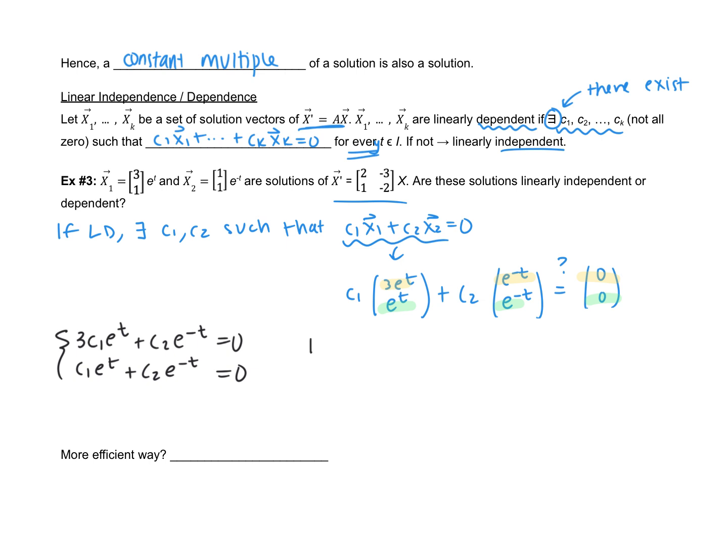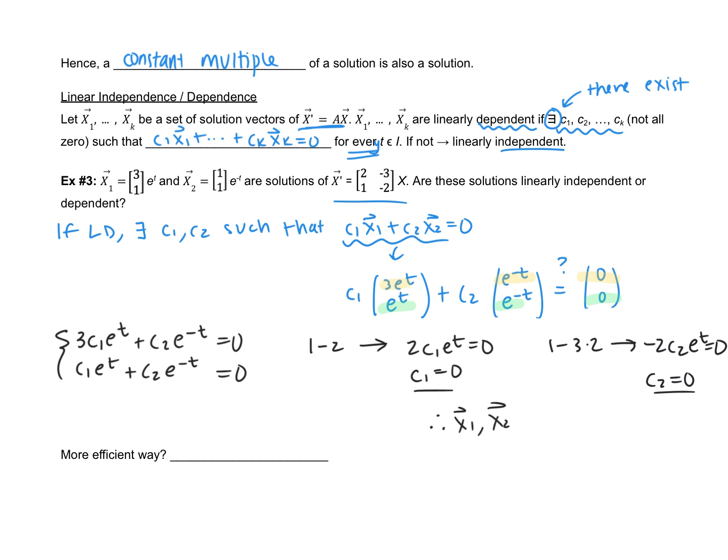If I take equation 1 and subtract equation 2, that gives me 2c1 e to the t equals 0, so c1 is 0. Then if I take equation 1 and subtract 3 times equation 2, that gives me negative 2c2 e to the t equals 0, so c2 equals 0. Because c1 and c2 are 0, x1 and x2 are linearly independent.